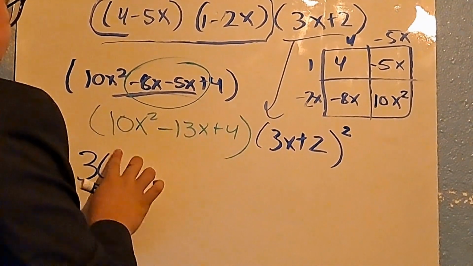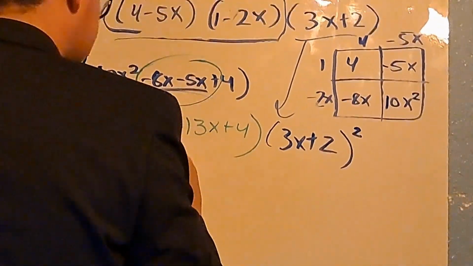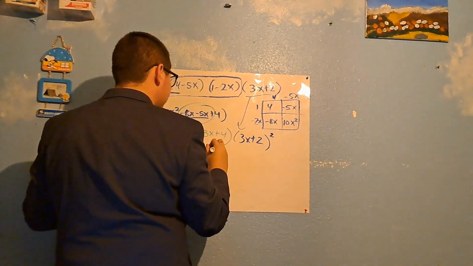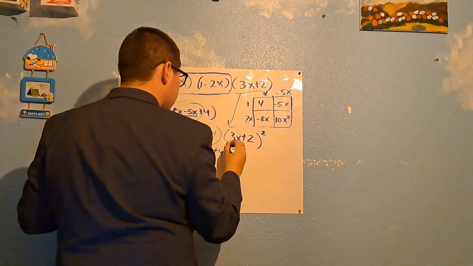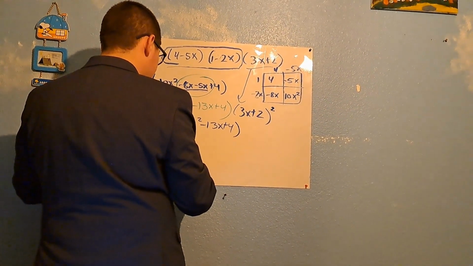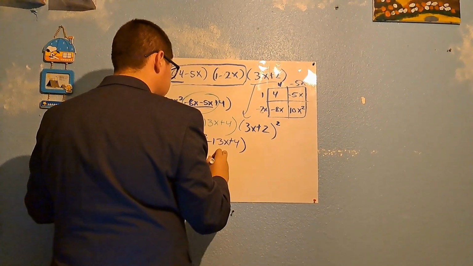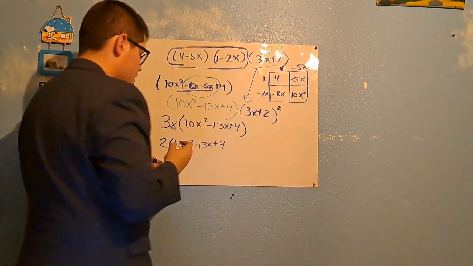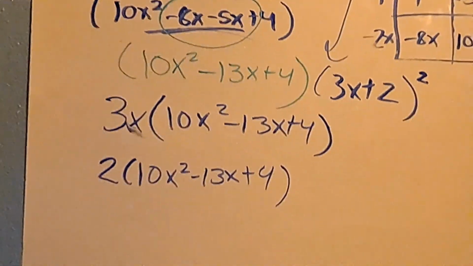So it'll be 3x times 10x squared minus 13x plus 4, and 2 times 10x squared minus 13x plus 4. And now we're going to go to our solving part.